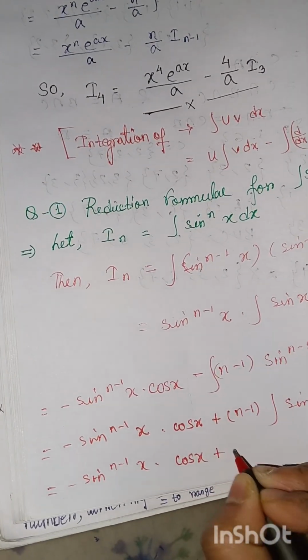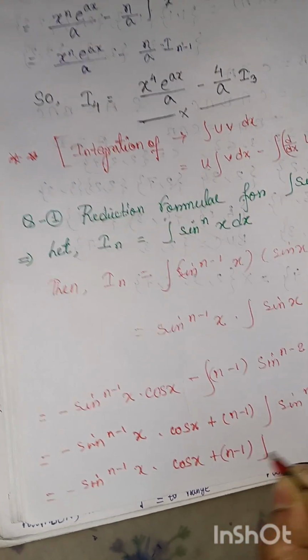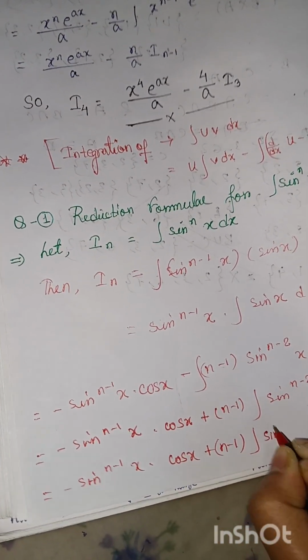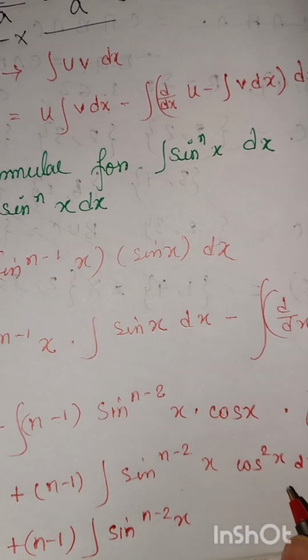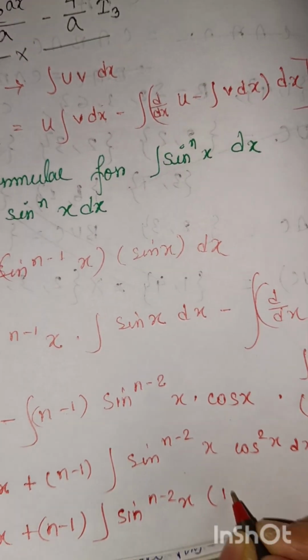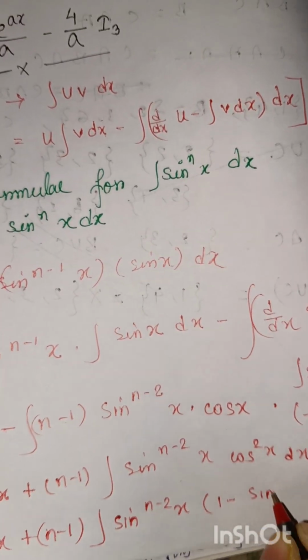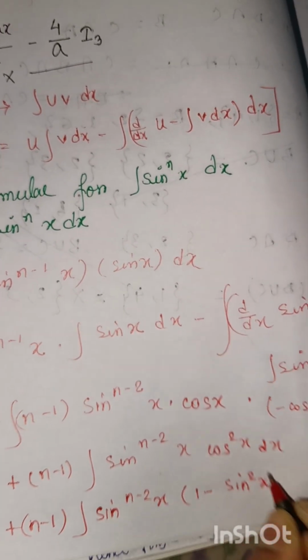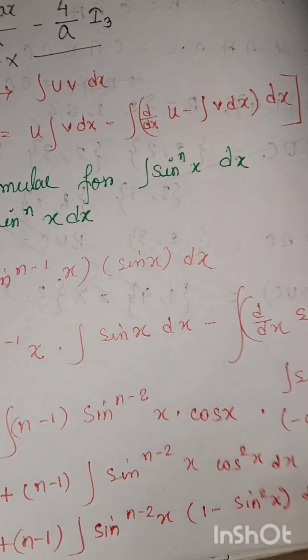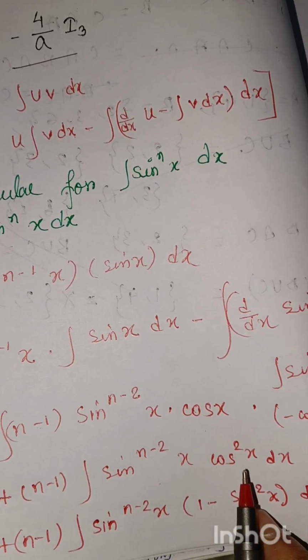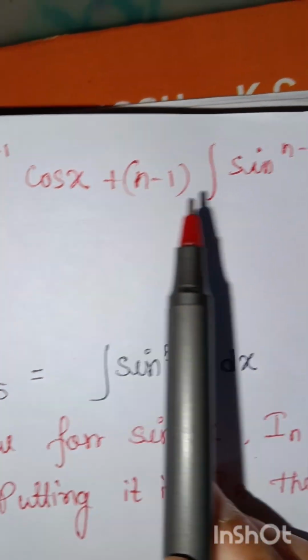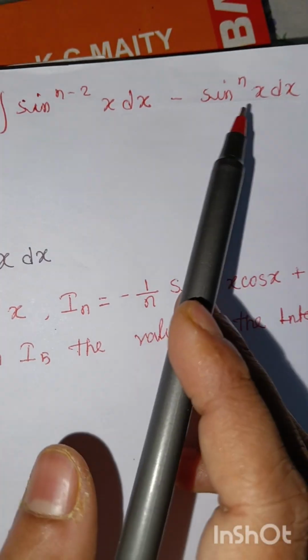Cos x plus n minus 1 times the integration of sine to the power n minus 2 x. For cos square x we know the formula: 1 minus sine square x is equal to cos square x. So we put this in for cos square x, and we just break the bracket and simplify the line.